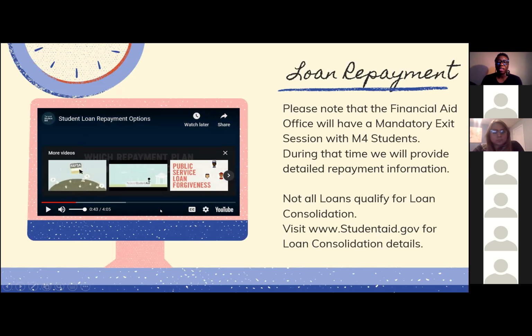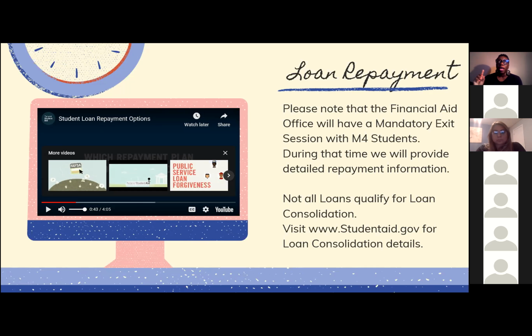Before we continue, I know Lupe kind of mentioned it, but I just want to say right here before I forget, loan consolidation will only be an option for you if you have multiple loan servicers. So if you have loans from undergrad with Fed Loan Servicing, and you came to medical school and now your loans are with Navient or something like that, then yes, I would recommend that you consolidate your loans. But if your loans are all with the same servicer, then you do not need to consolidate.